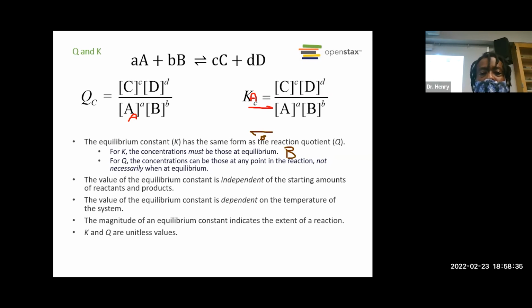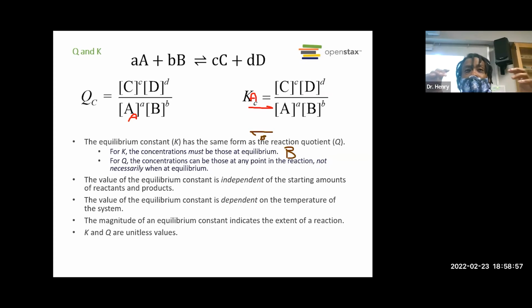Okay, the magnitude of the equilibrium constant indicates the extent of the reaction. In other words, it just says which side is more favored. So if the value is really, really big for the equilibrium constant, that means the overall reaction is favoring the products.